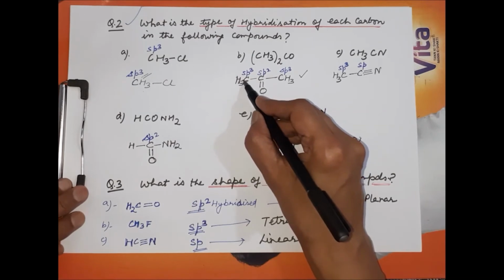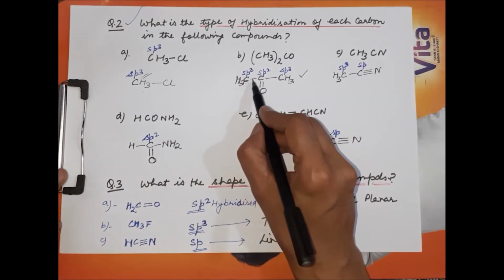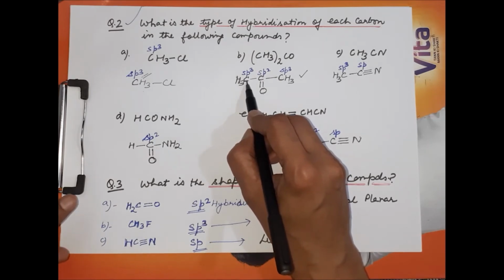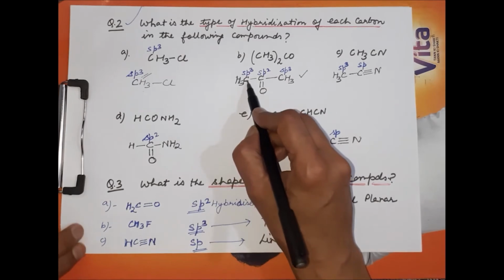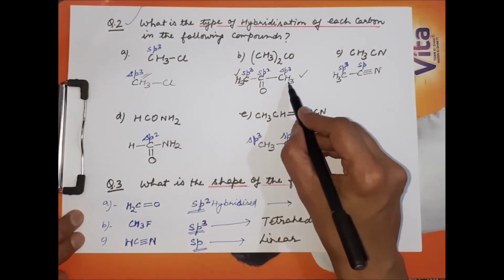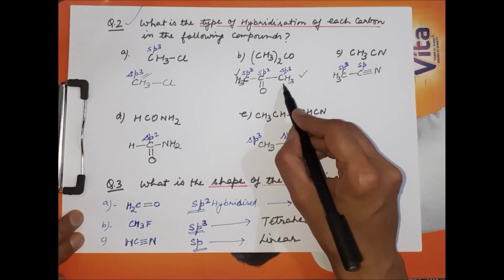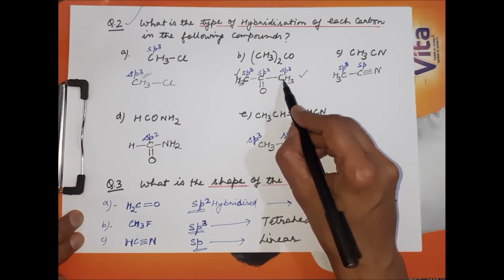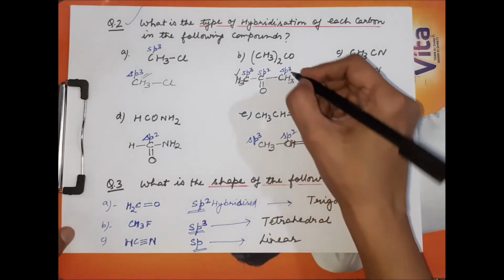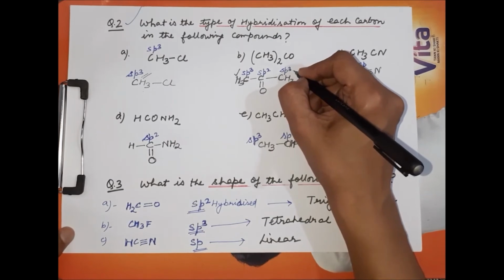In this CH3, all are single bonds, so this carbon will be sp3 hybridized. Same with this CH3, because here also all are single bonds. This carbon is having only single bonds, so this will also be sp3.